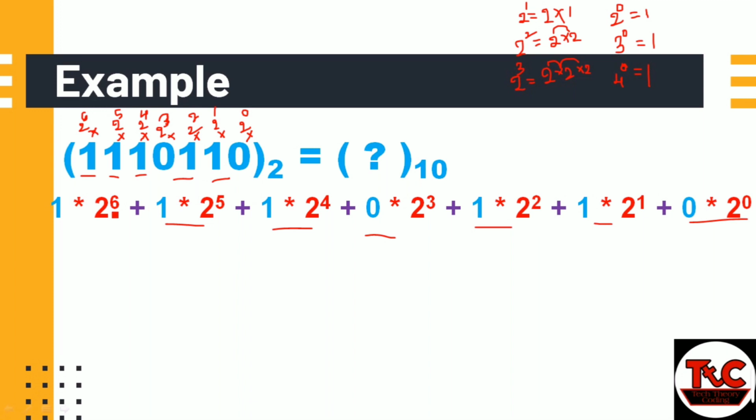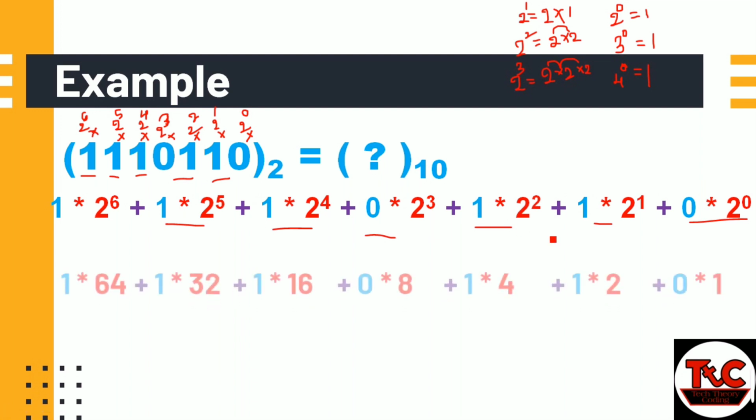Write down the value of 2 to the power 6, the value of 2 to the power 5, the value of 2 to the power 4. Here you can write directly 0. Otherwise you can simplify it like 2 to the power 3 is 8, 8 into 0. Now 2 to the power 2 is 4.